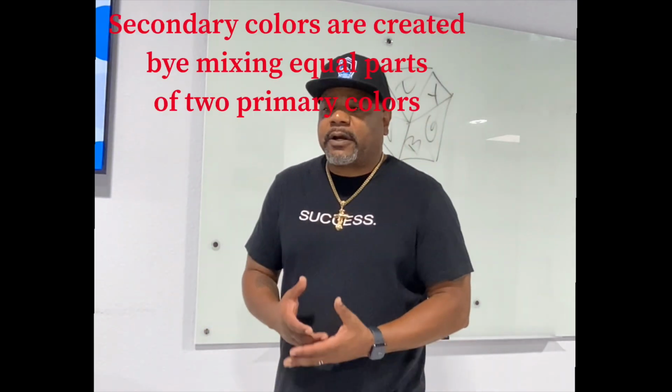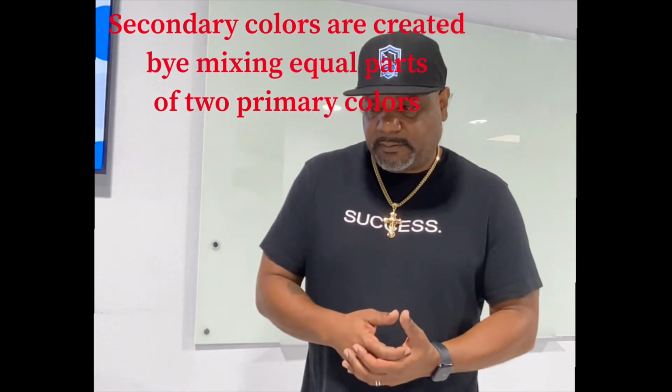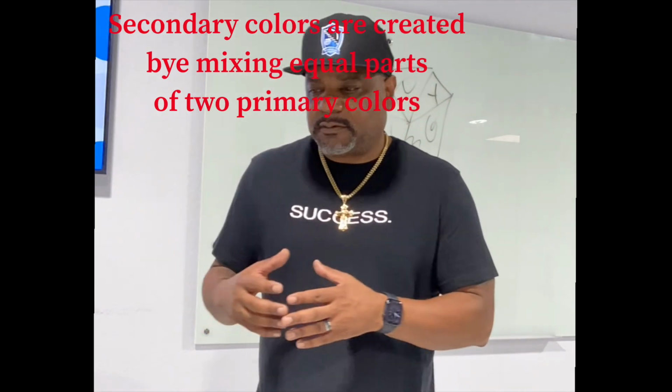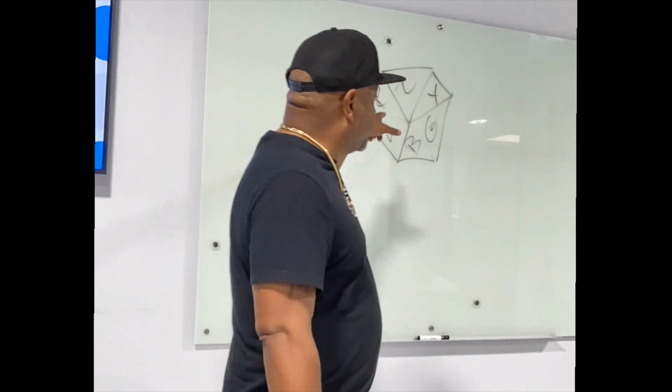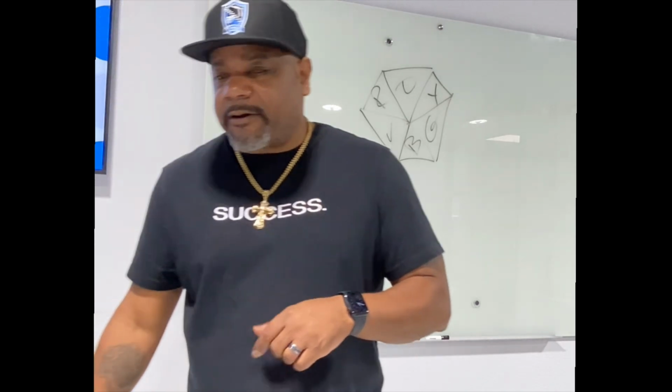Next we have secondary colors. Secondary colors are created by mixing equal parts of two primary colors. Yellow and blue gives you green, blue and red gives you violet, and red and yellow gives you orange. Now you have the secondary colors of your color wheel. All right? Beyond secondary colors is tertiary colors.